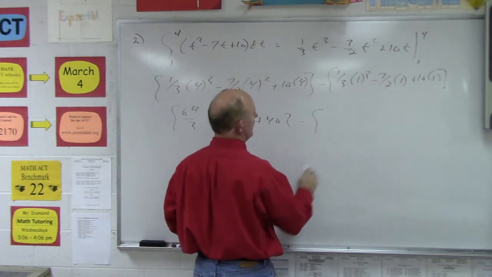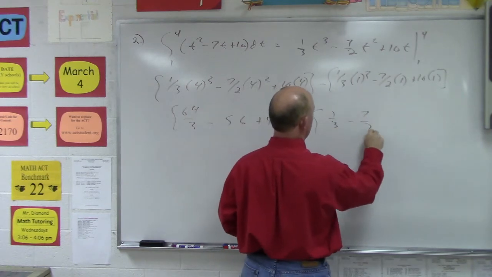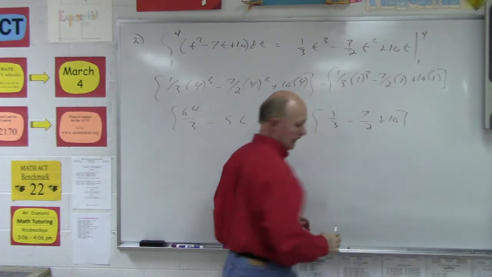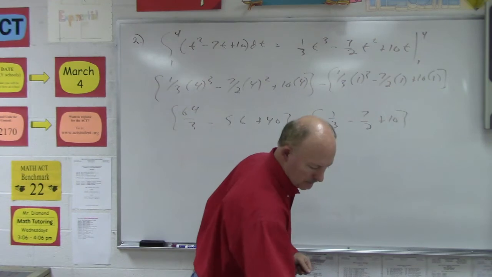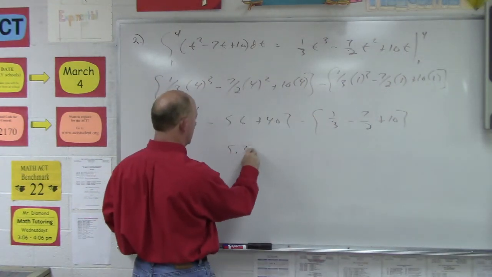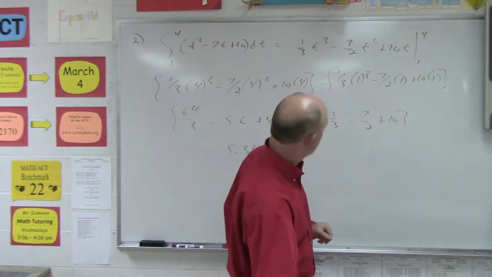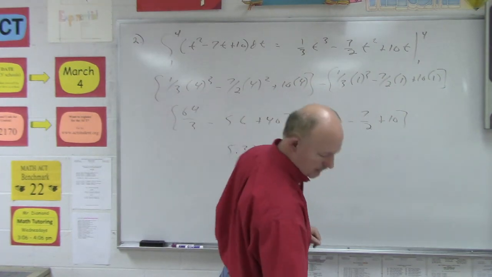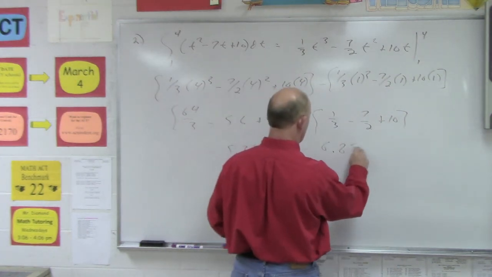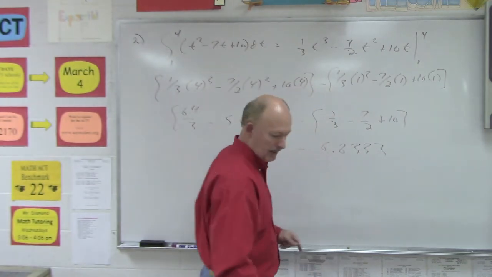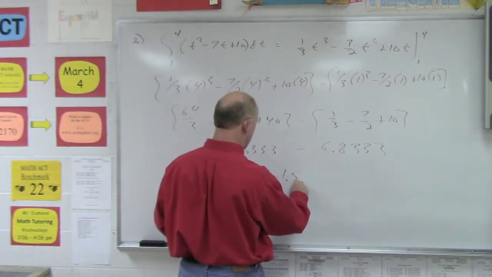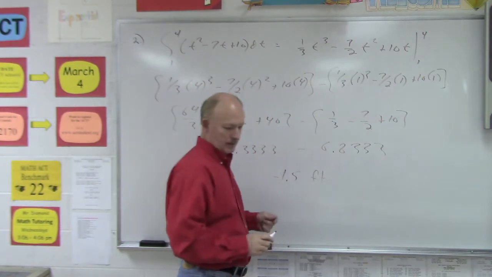Minus, here we have 1/3 minus 7/2 plus 10. Now, to move things along, I did this earlier. This is 5.3333 minus our lower bound as we substitute in, which will be 6.8333, and this will simplify as negative 1.5 feet, to the left.